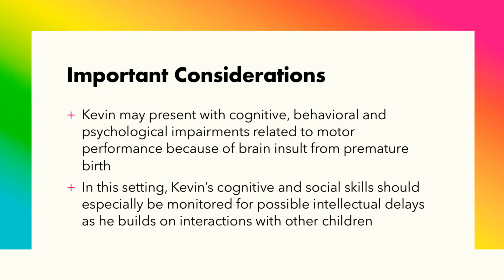Specifically in this classroom, we want to monitor his cognitive and social skills, specifically because he's in a full inclusion classroom and he's obviously surrounded with other kids, and we want to monitor the way he's able to understand and work through those types of things, and also for possible intellectual delays as he builds those interactions throughout his school career.